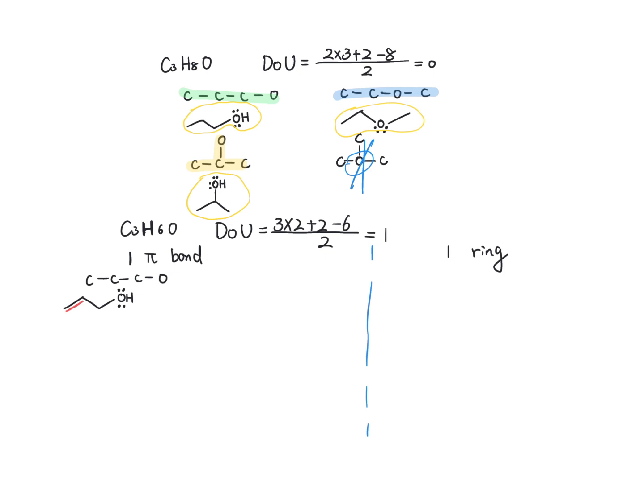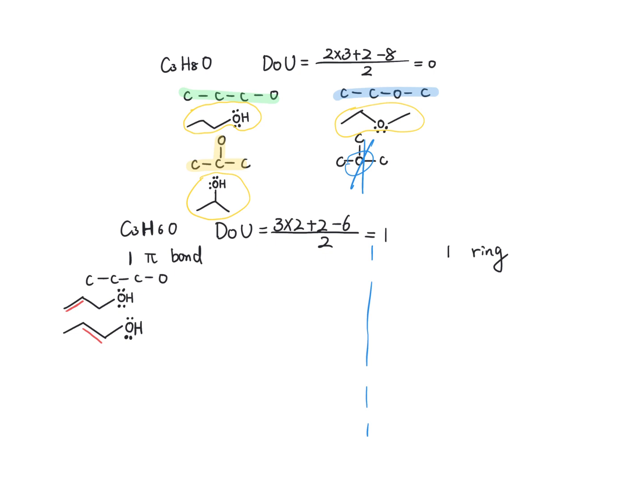And then for the second one, we are going to use exactly the same backbone: carbon, carbon, carbon, oxygen. Now we can move the pi bond. The second place we can have this pi bond is between these two carbons. So in this case, we need to fill in that hydrogen to satisfy divalency.